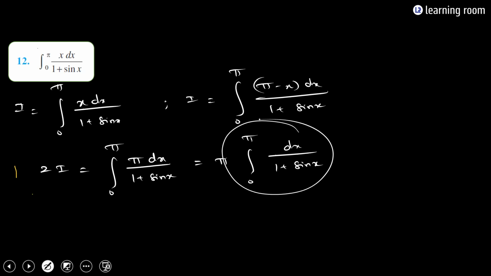So think if you can do something with integral of 0 to a. You have this property, integral of 0 to 2a f of x dx is equal to, can we do that? Because see, there is 2a. So I can write integral of 0 to pi by 2. But will I get the answer 1 by 1 plus sin x plus 1 by 1 plus cos x? It's not going to generate any useful result for me.